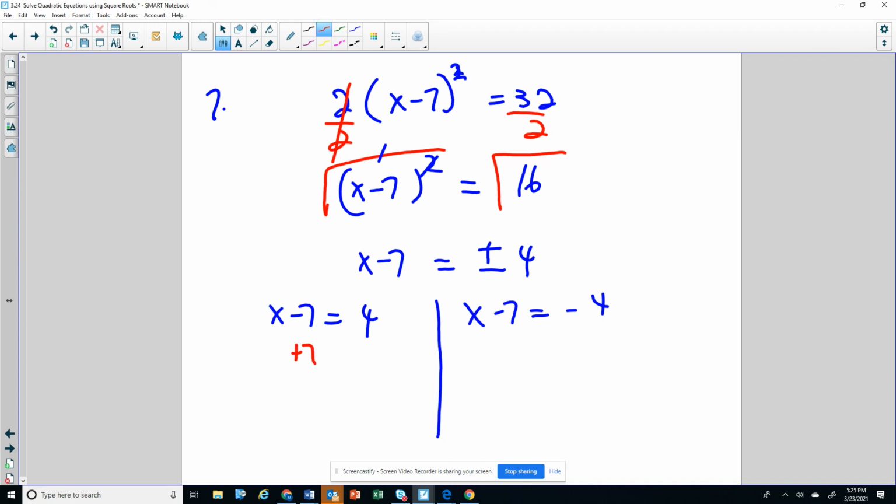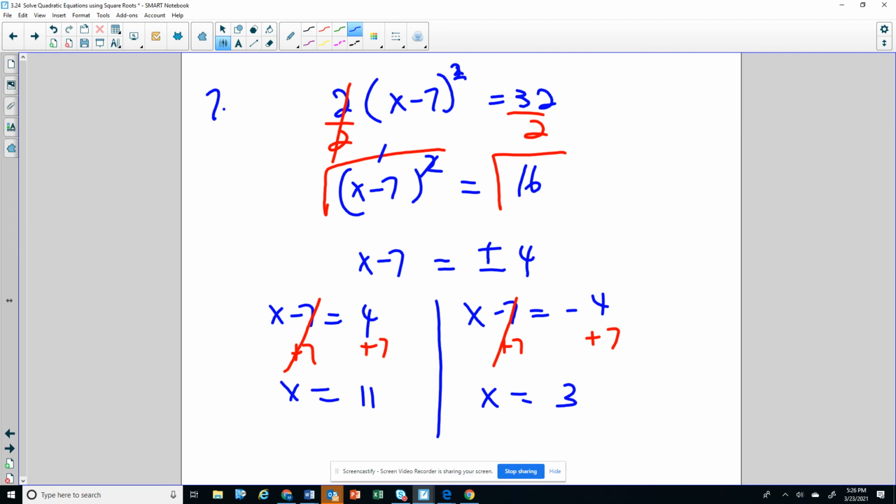That goes away, and I'm left with x is equal to 11. On the other side, I'm going to add a plus 7 here and a plus 7 there. That goes away. So I'm left with x is equal to a positive 3. So 11 and 3 are my solutions.